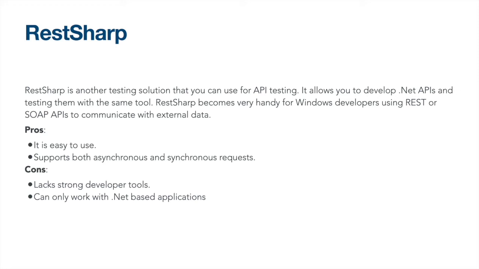But when you use it, it's very easy to use. Support is also available on the internet, and there are a lot of resources on how you can use RestSharp. So if you are from a .NET background, then this is the framework for you for automating APIs which are based on C#.